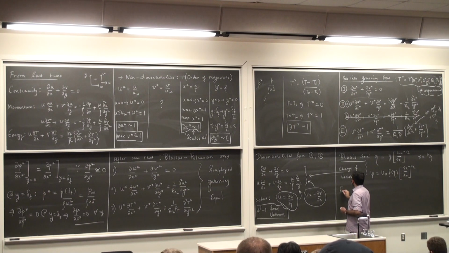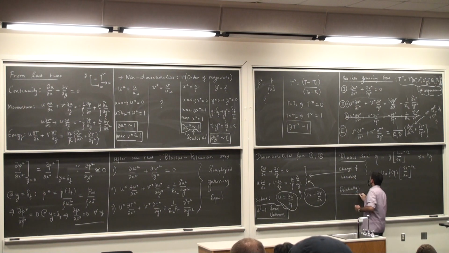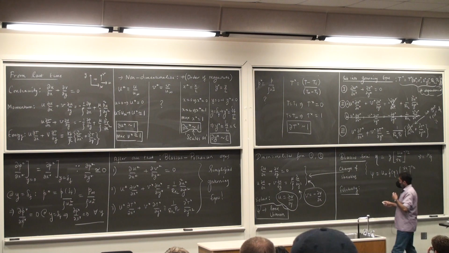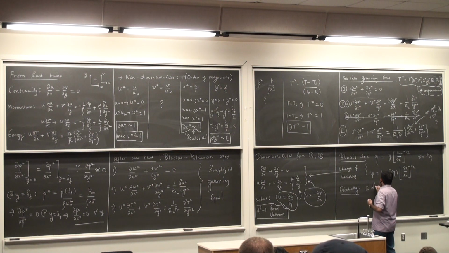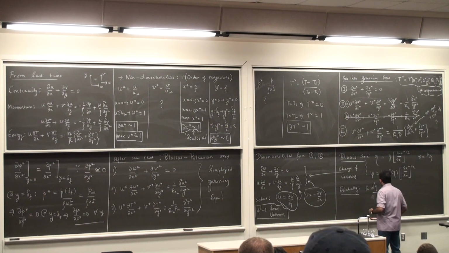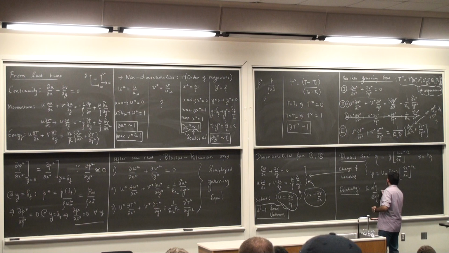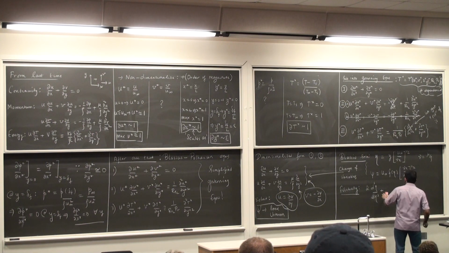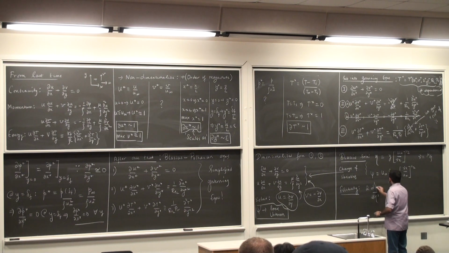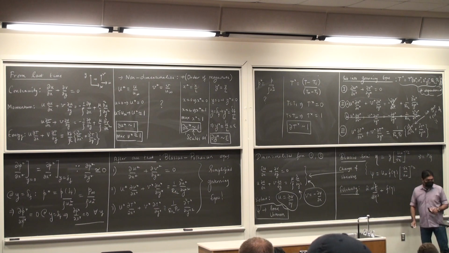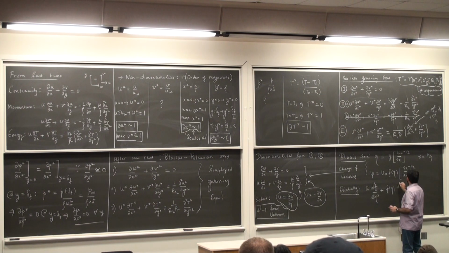So eventually, this PDE will be converted into an ODE, and I have the final form here. It's 2 times d cube f by d eta cube plus f of eta times d square f by d eta square.